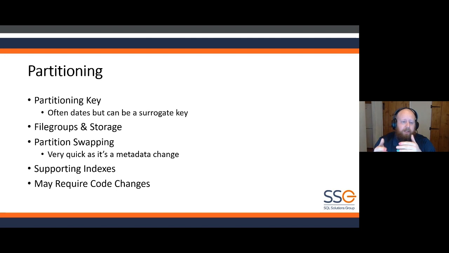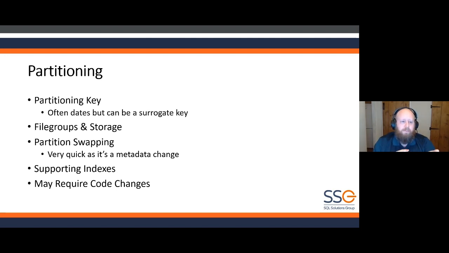Your queries, in order to take advantage of the partition, need to query on your partition field, which in this example is a date. So if I'm querying order data, I need to search for data within a certain date range. Otherwise, it won't use the partitioning correctly. Because of that, it may need some code changes to make sure your queries are doing that.